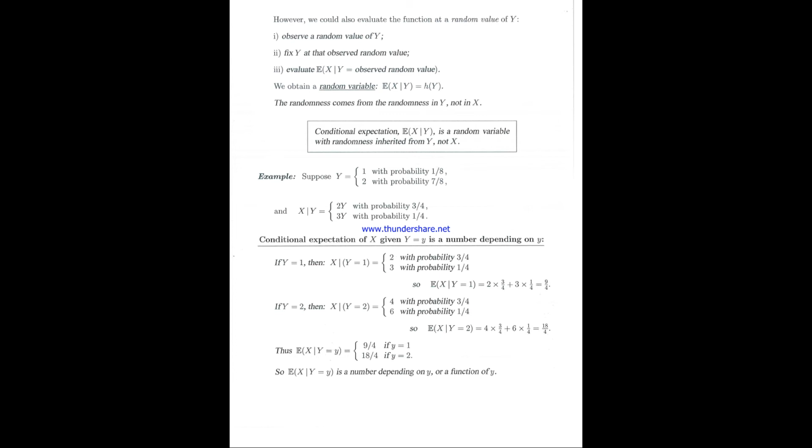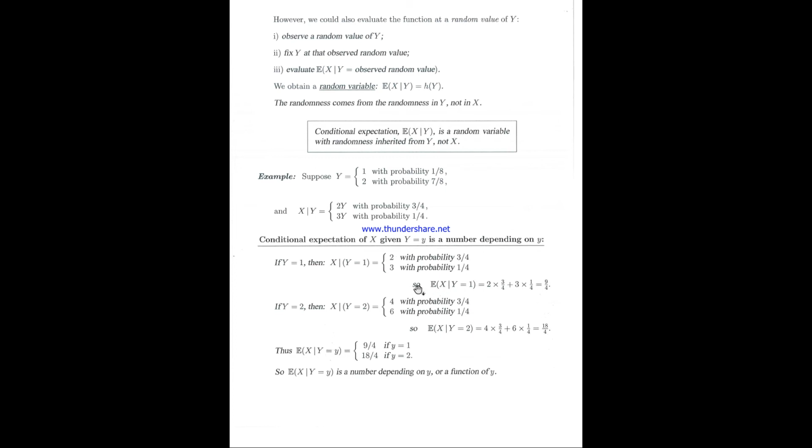Now you can see y can take only two values. It can be either 1 or 2. Now let's see what will happen to x when y is equal to 1. We have to find the values for x given that y is equal to 1. So if I take the conditional function, I have to substitute 1 here. That is 2 into 1 is 2, 3 into 1 is 3, and the probabilities are given.